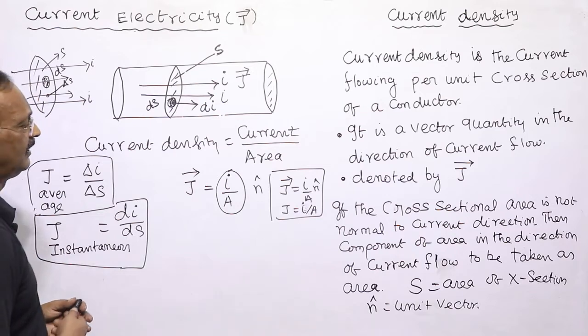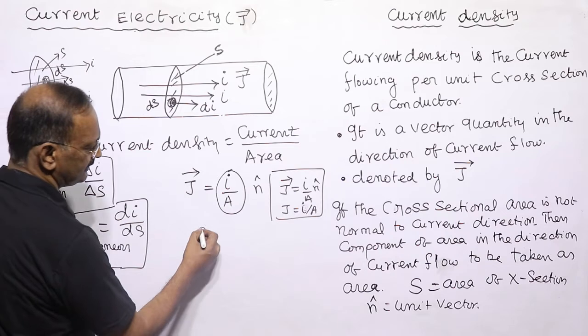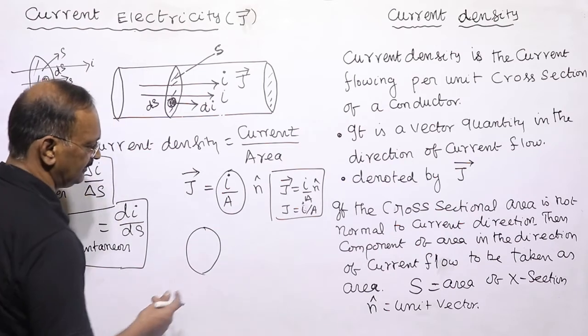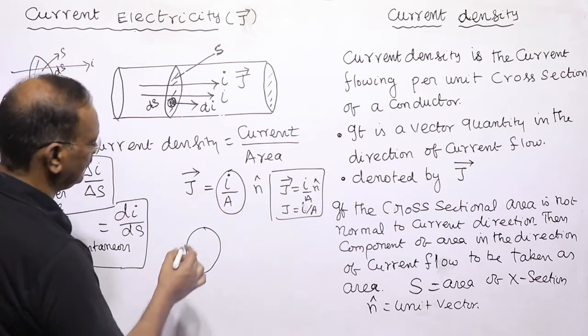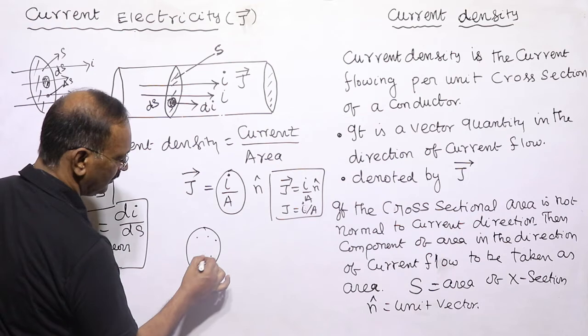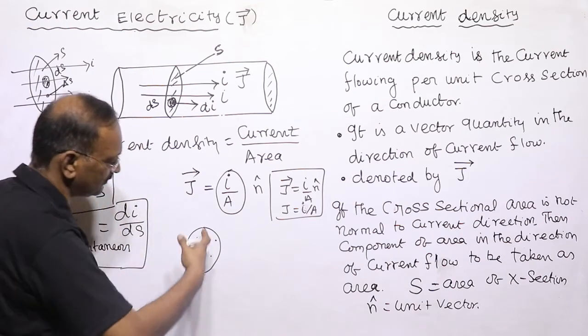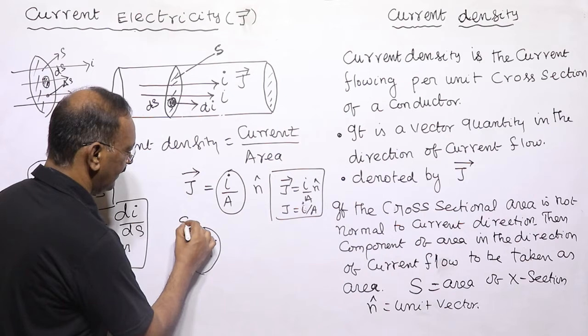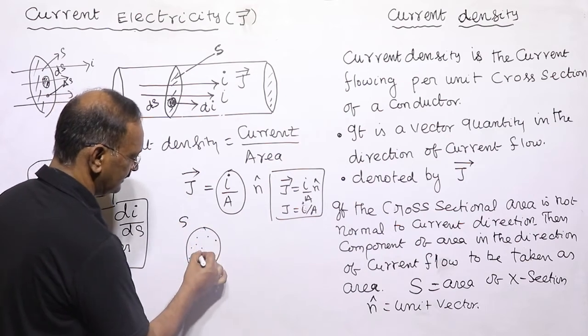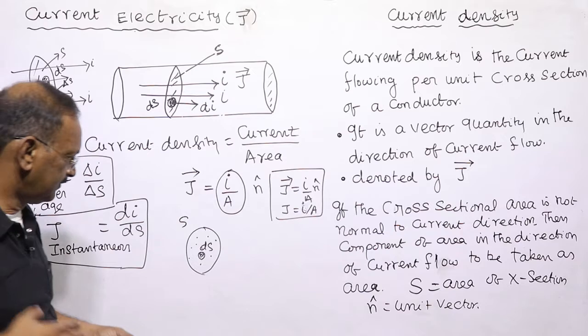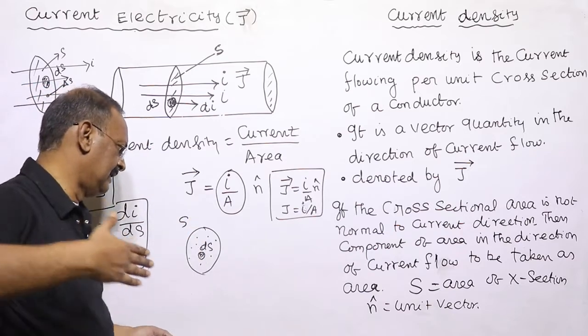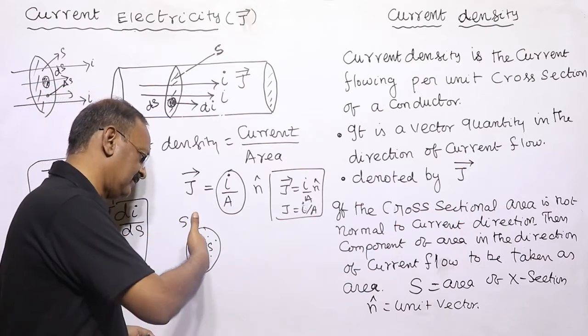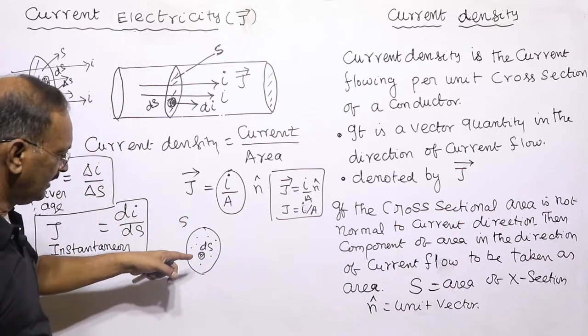Now we have got two things. If this is the area of cross section, if we cut it and see like this, if the current is uniformly distributed, it means current is flowing this way. This is the area, and this is a small area ds. The current density is also a vector in this direction.